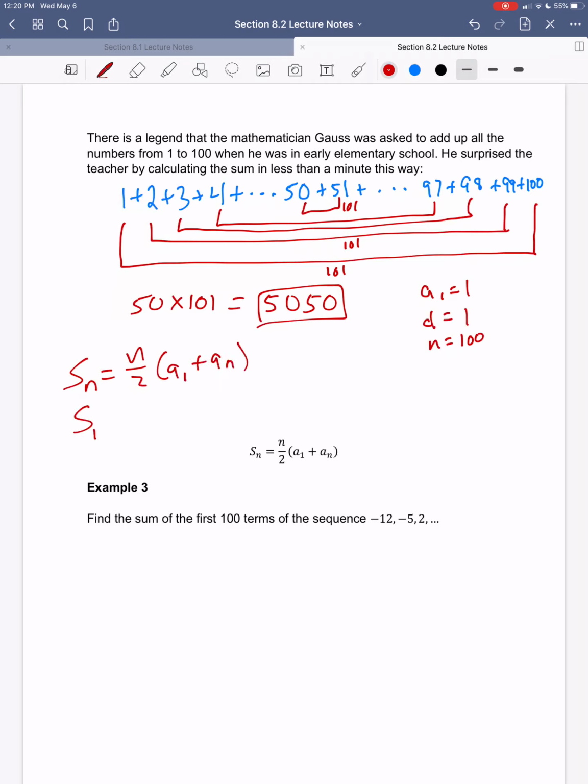So S of 100 would be 100 over 2, the first term is 1, the last term is 100. So that's 50 times 101, which is exactly what we did there. Now, Gauss didn't necessarily know this formula, but he was able to use that pattern. So, sort of cool stuff there.